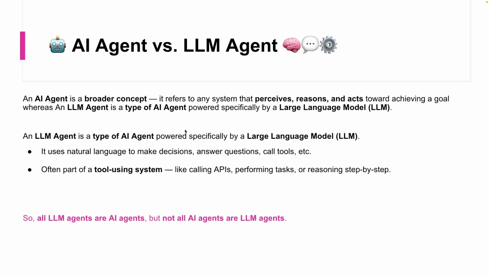So all LLM agents are AI agents, but not all AI agents are LLM agents, right? So there are many examples. I have talked about the recommendation system. Let's talk about, I'm giving a very simple example. Let's say you want to deploy a chatbot application which processes your natural language, and you want to deploy some kind of a VM or Cloud Run service or any kind of service on Google Cloud Platform.